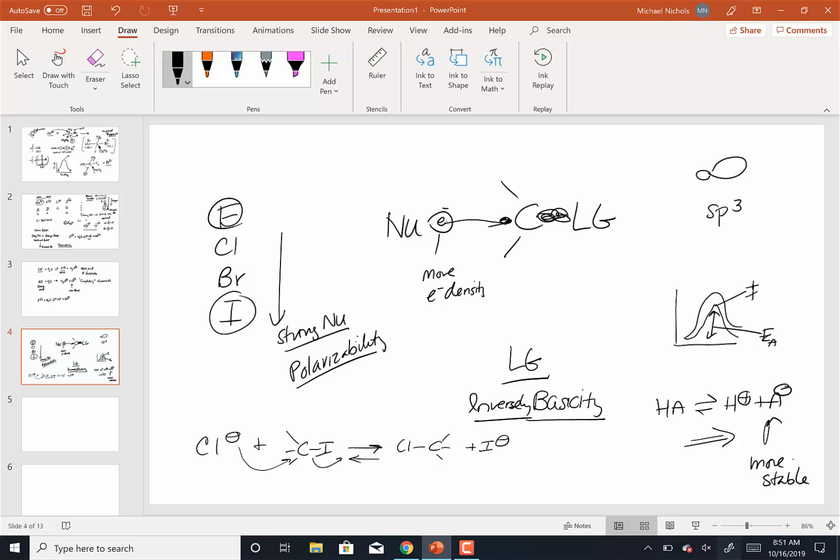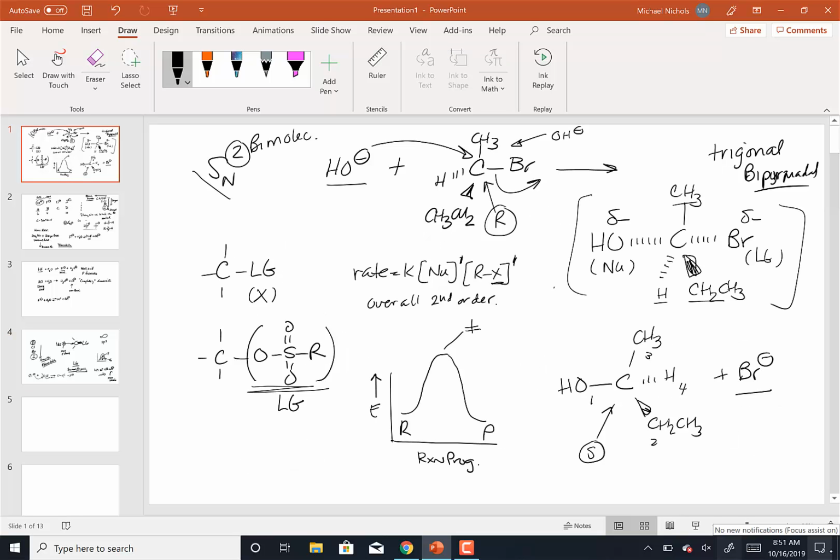The example I did in the video was H2SO4. This will go all the way back to the first slide. They incorporated this as a very good leaving group. If you write O minus with an S double bonded to O's, that anion is going to be very stable. The best way to make the conjugate base more stable and push the equilibrium to the right is to make that conjugate base have resonance structures.